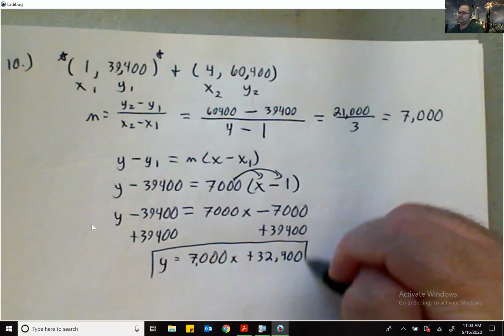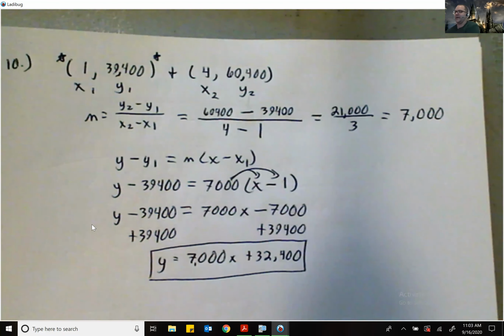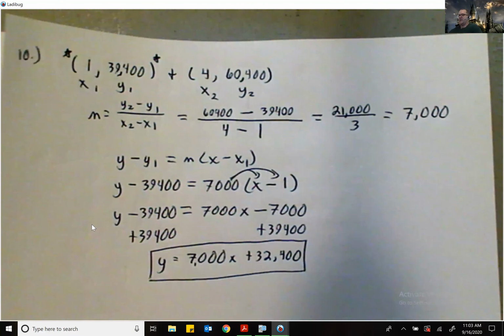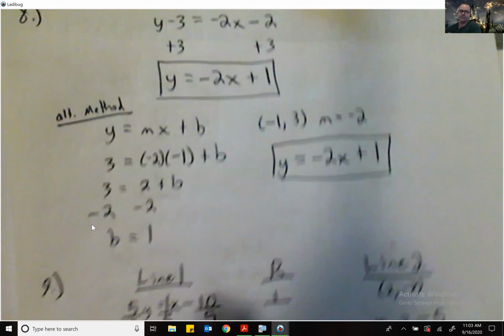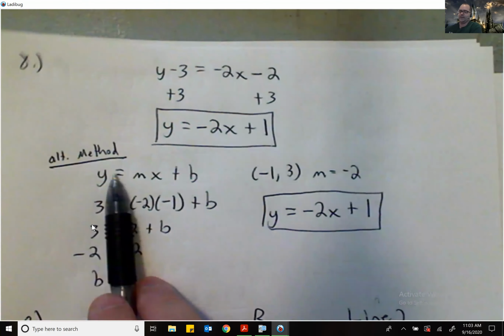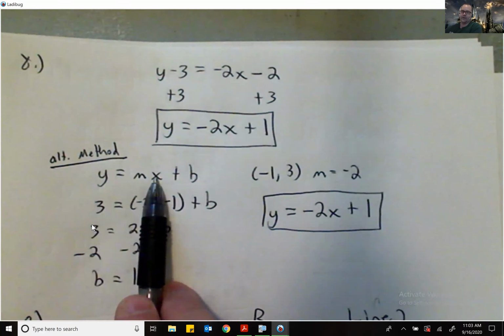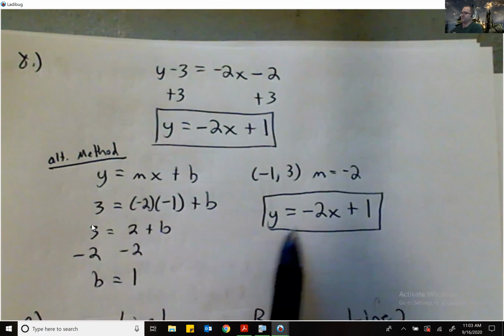for part A, because this one has multiple parts. And again, if you wanted to, you can go back and use the alternate method and plug into the y, the m, and the x, solve for the b, and then rewrite the equation. It works the same way.